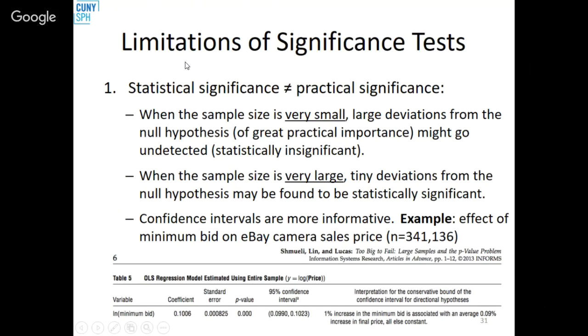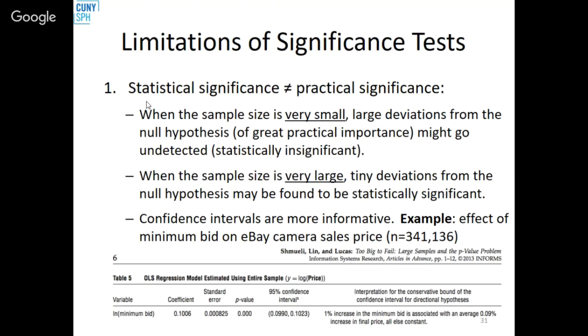So a first limitation that I want to highlight is that statistical significance does not necessarily equal practical significance. This is especially important to keep in mind when you have very small sample sizes, because then even a large deviation from your null hypothesis, you're not going to have power to detect.